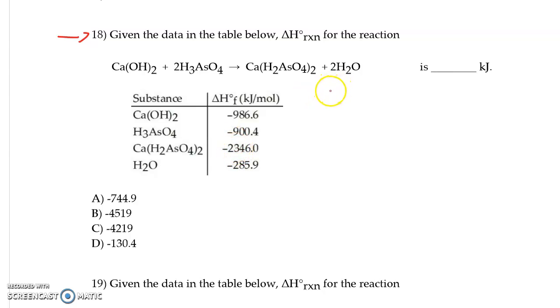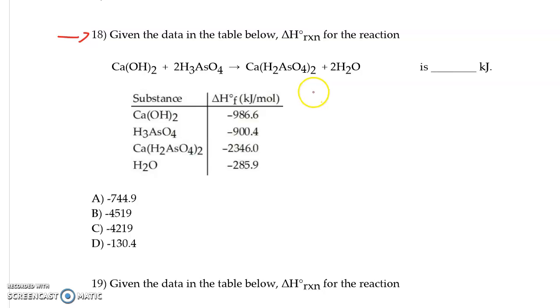So what is the question asked? We need to calculate the enthalpy of the reaction, the heat of the reaction of this chemical reaction, based on the enthalpy of formation of each reactant and product, based on whatever we can find from the literature or from this table here. Let me rewrite what the mathematical formula is.